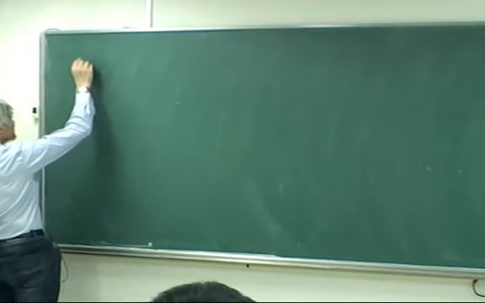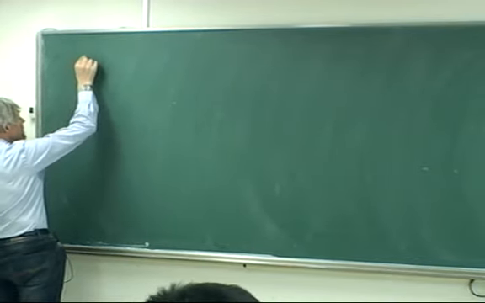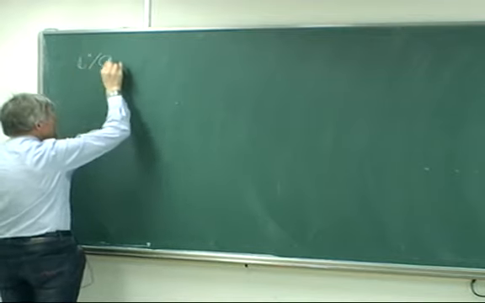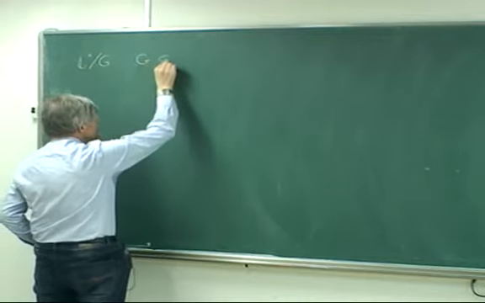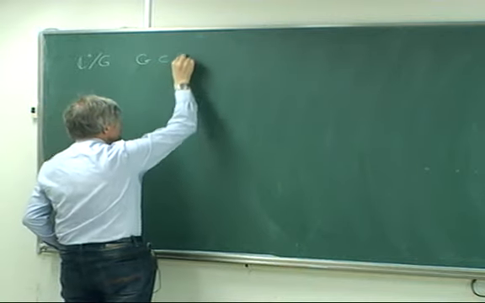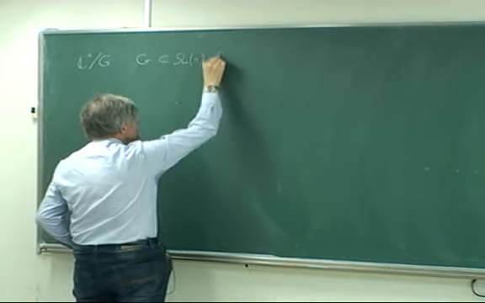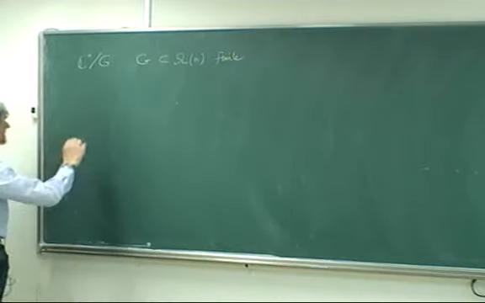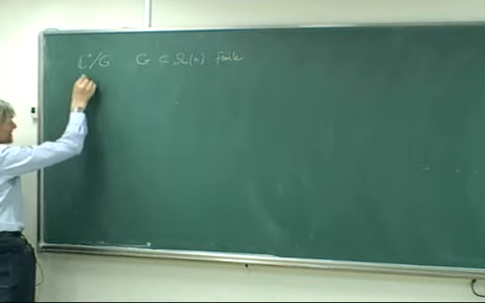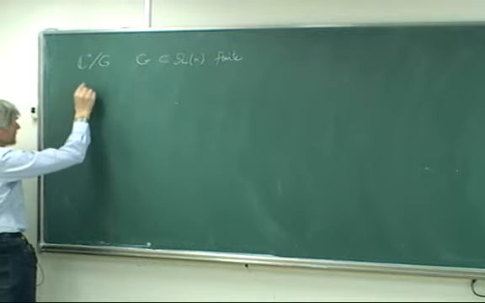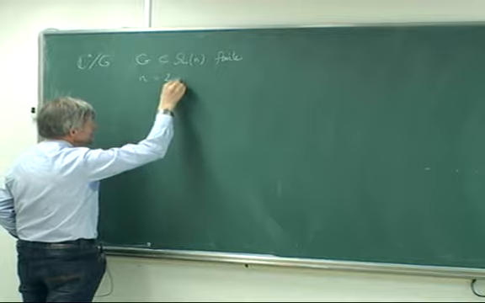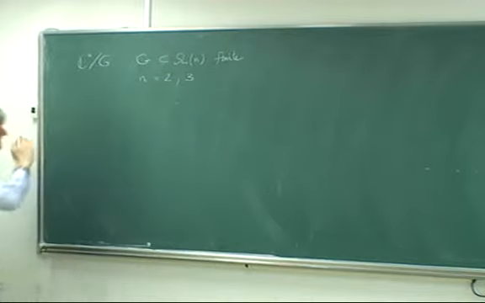So I'm continuing this discussion of C^n divided by G in SL_n finite. Almost everything today is n equals 3, n equals 2 and 3.